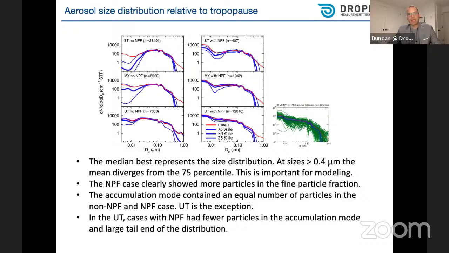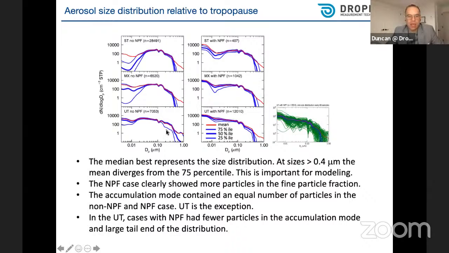Taking the size distributions from all these data, we have data from the upper troposphere plotted here in the lower graph, data from the mixing layer in the middle, and data from the stratosphere up top. And what I've done here is take all the size distributions measured in each of these layers and do various averages of those data.